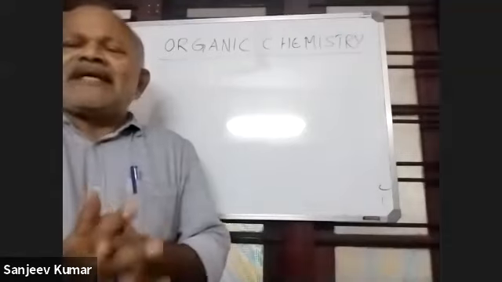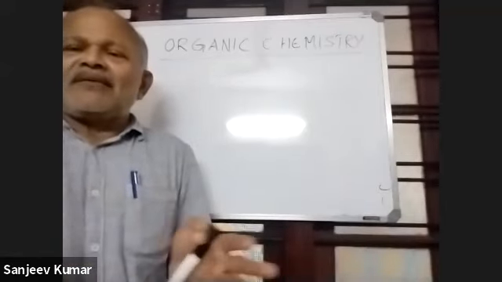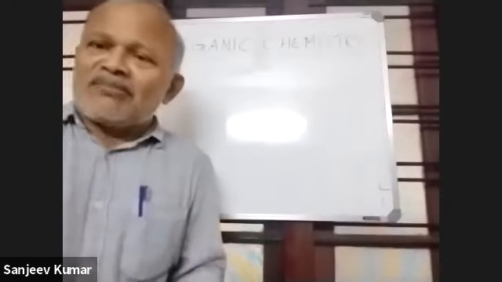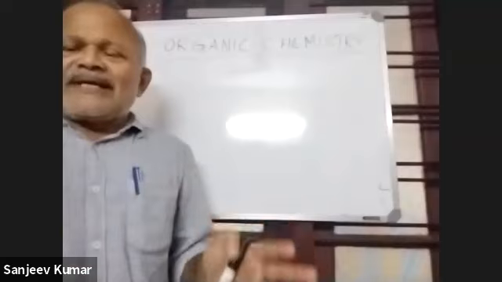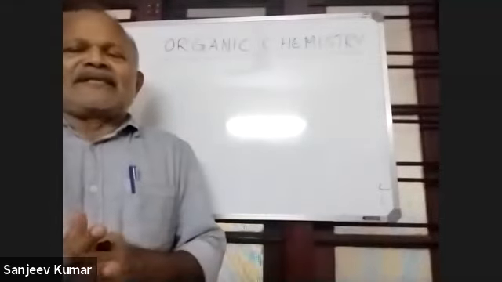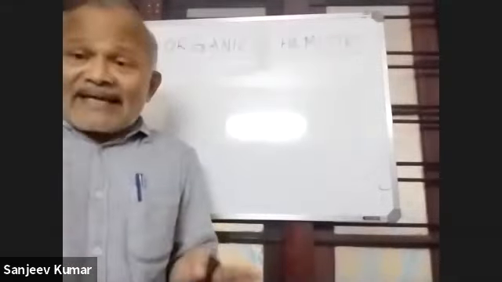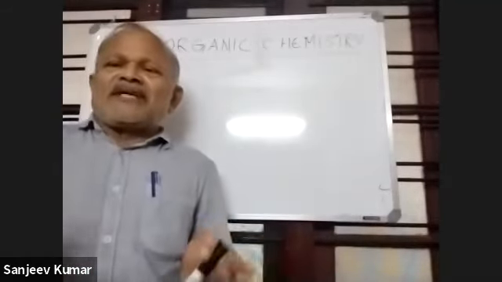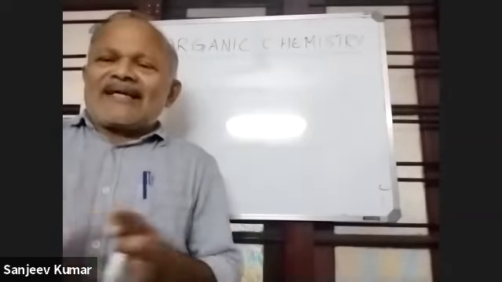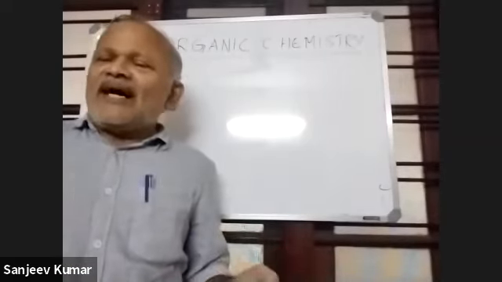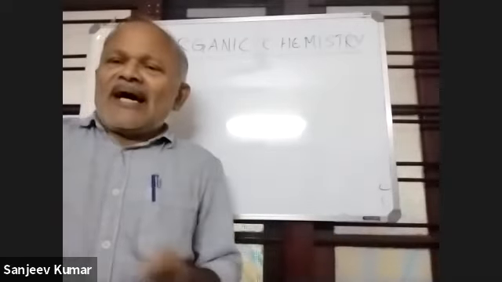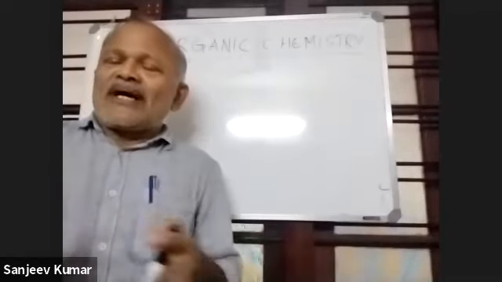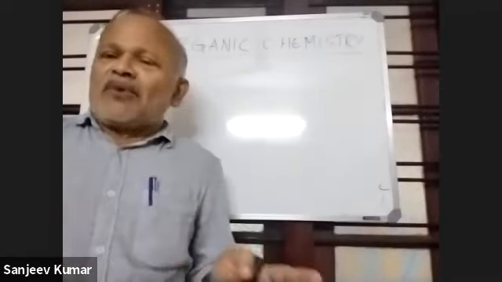Saturated means there is no carbon-carbon double bond or triple bond, only carbon-carbon single bonds. These are saturated open chain hydrocarbons, known as alkanes, and their generic formula is CnH2n+2.